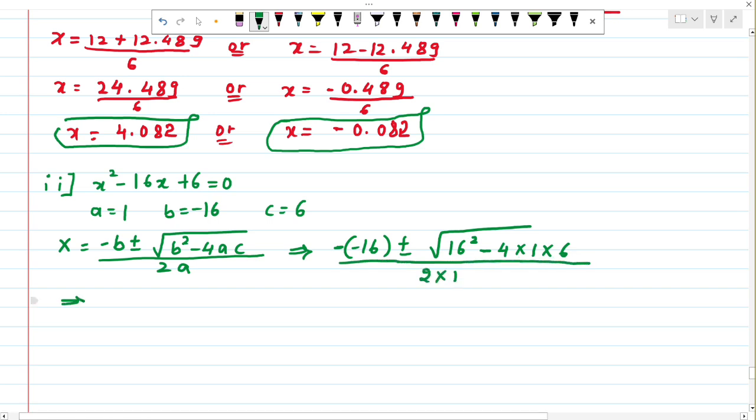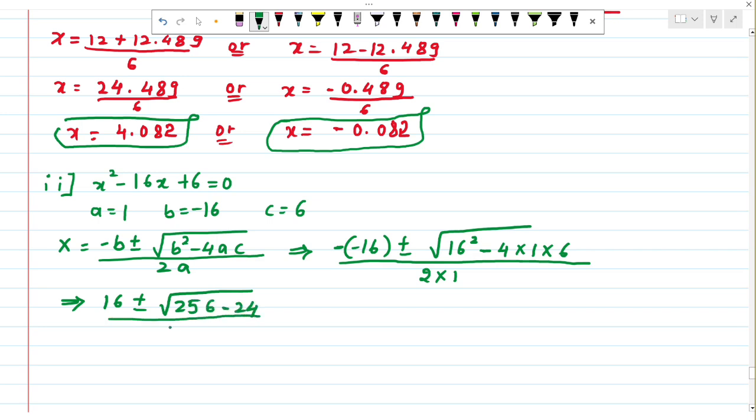If I simplify this, I'll get 16 plus or minus root of 16 square, which is 256, minus 24, divided by 2. Simplifying once again, I'll get 16 plus or minus root of 232 divided by 2.